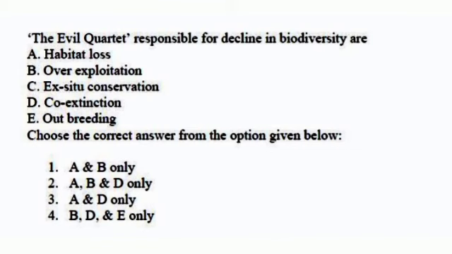The next is, the evil quartet responsible for the decline in biodiversity are. Choose the right one. The right one is option 2, that is A, B and D only: habitat loss, overexploitation, coextinction.